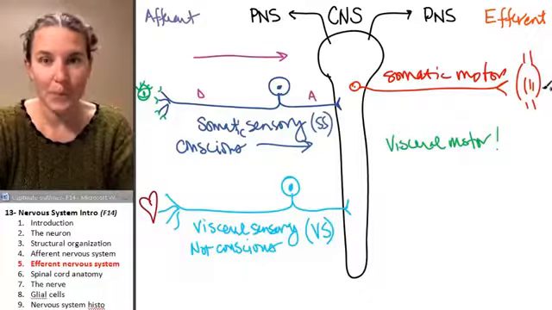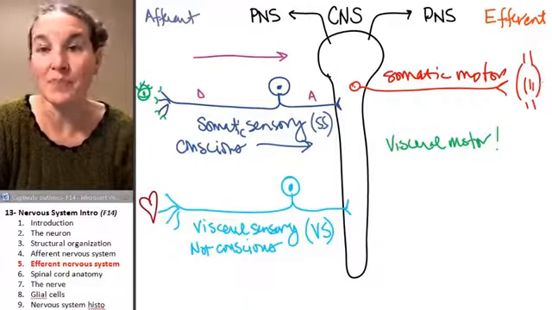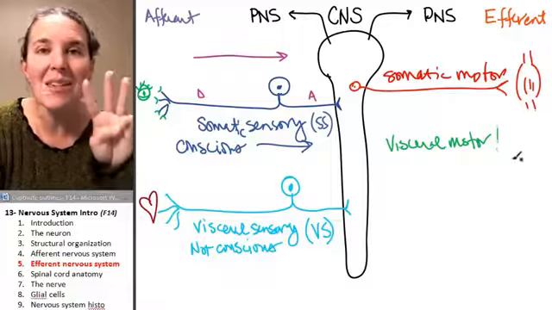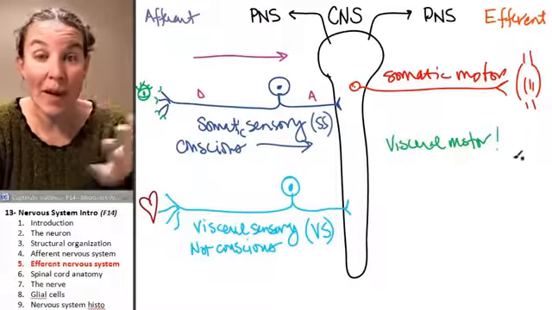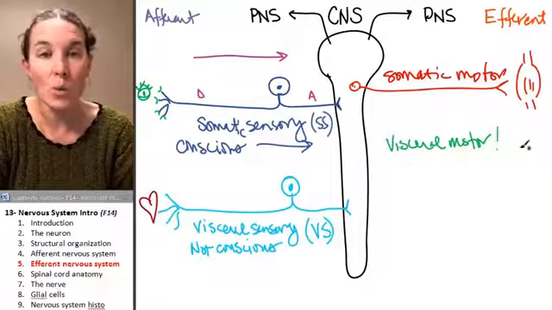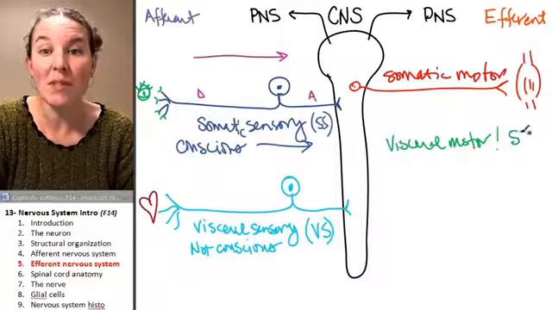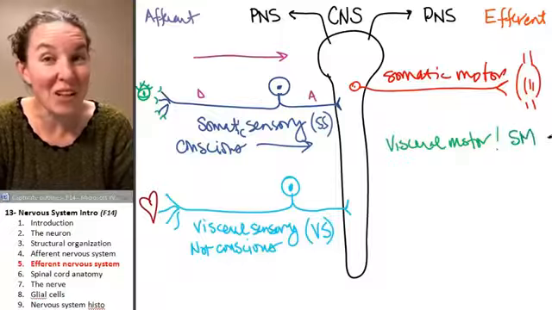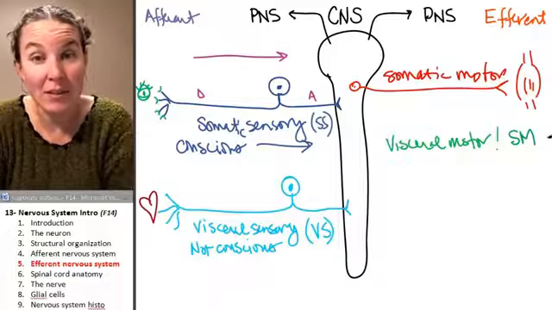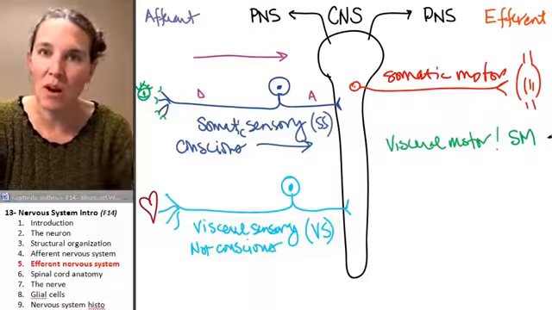Does that work? So what is visceral motor? You may be a little sad, but there are three things that visceral motor pathways innervate, three effectors that are possible, always. Ready? Smooth muscle. If a neuron causes an action in smooth muscle, it's a visceral motor neuron.